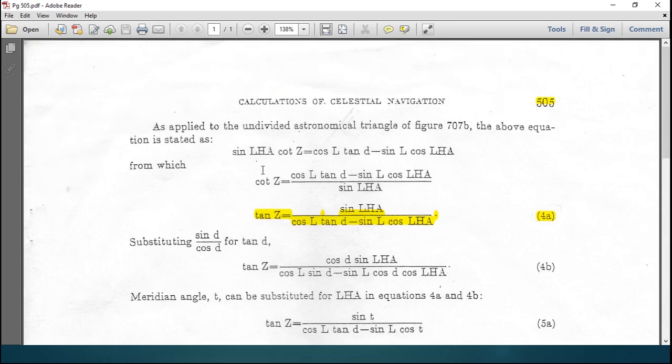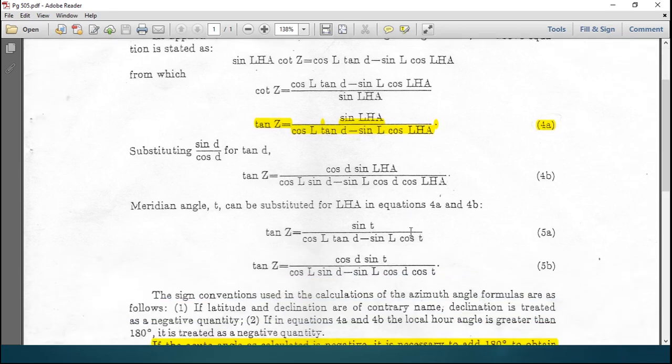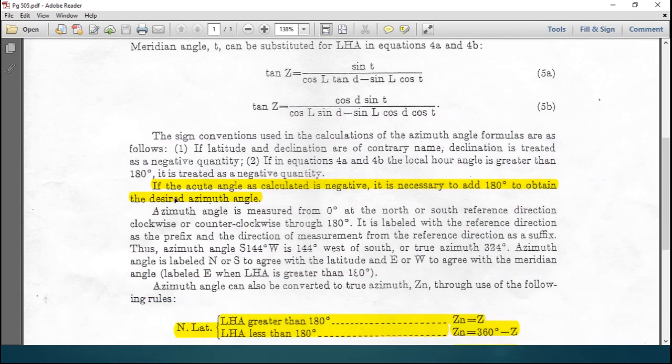When you go in the exam room, there will be a Bowditch Volume 2, Pub 9 Volume 2, as part of the reference material in there. Page 505 is where this equation is found, and this is the equation that we'll be using, equation 4a. When we finish the equation, if it comes out to be a negative number, you'll simply add 180 degrees to it.